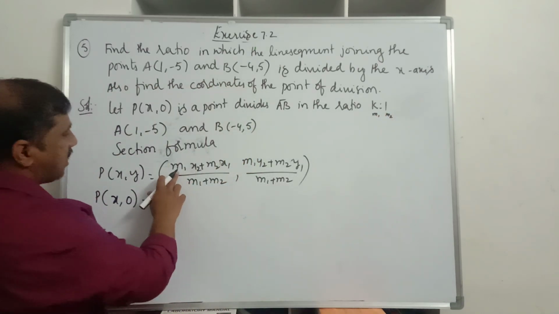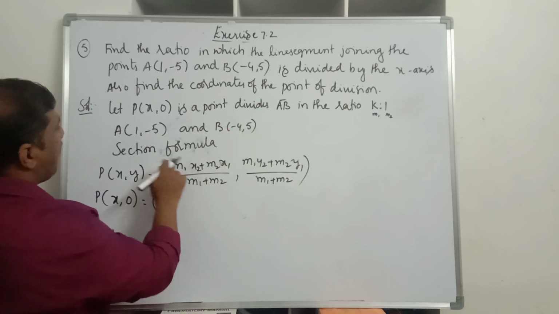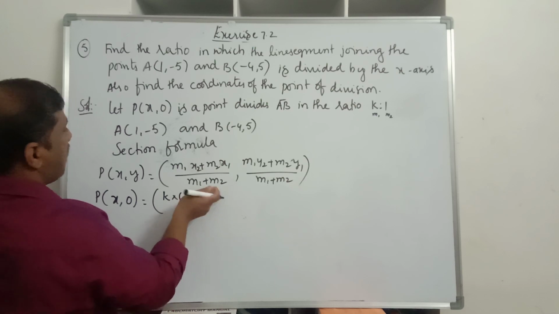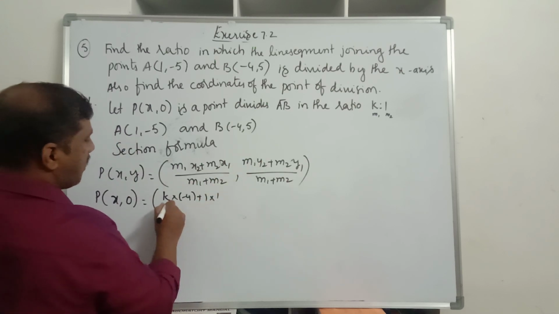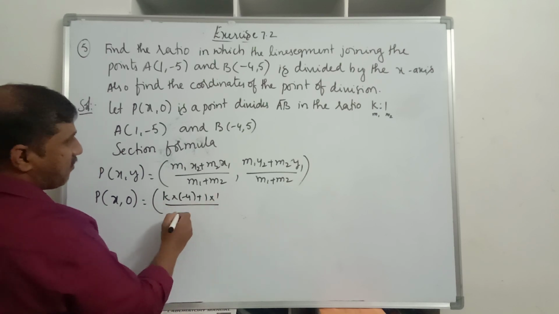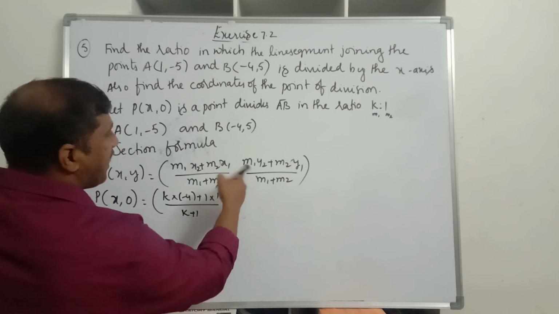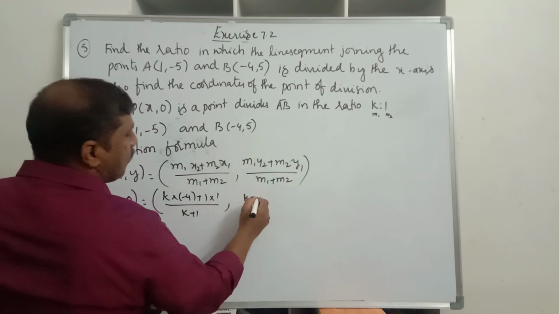Now we substitute in this formula. m1 is equals to k into x2, means the second point, that is minus 4, plus m2 is equals to 1 into x1 is equals to 1, divided by m1 plus m2, means it is k plus 1, comma. Then m1 into y2, k into y2 is equals to what?